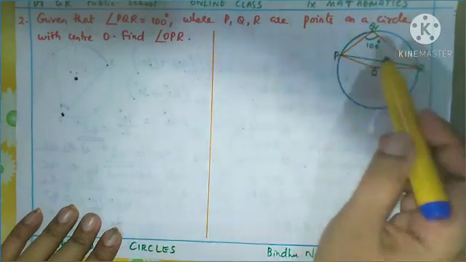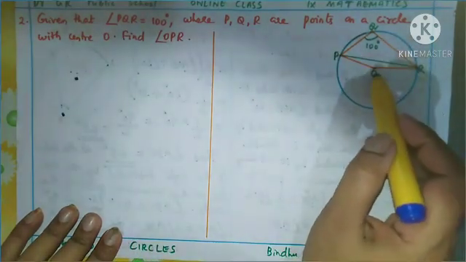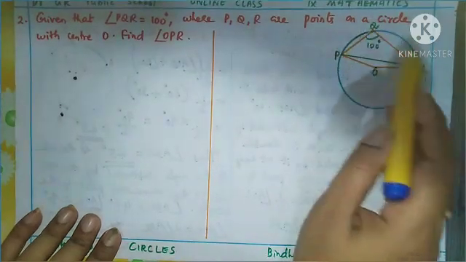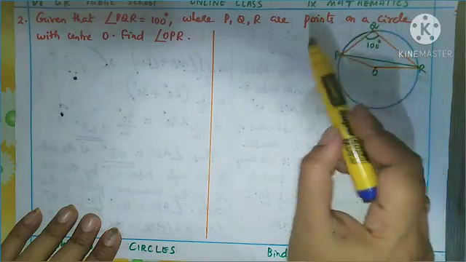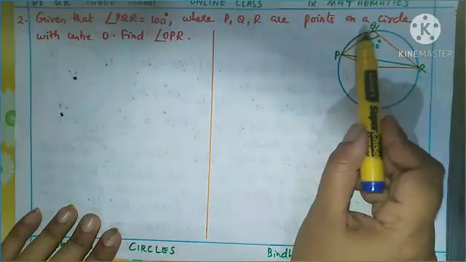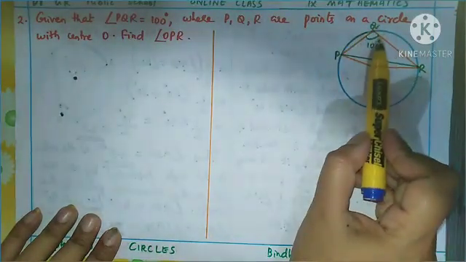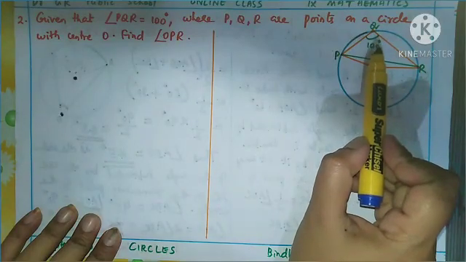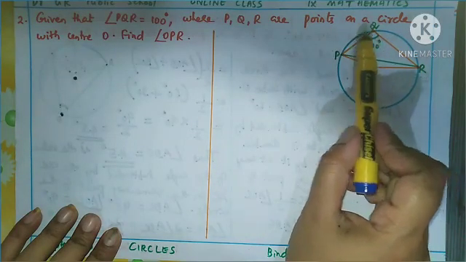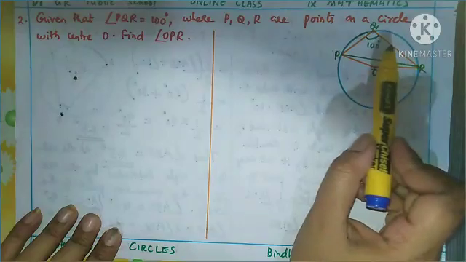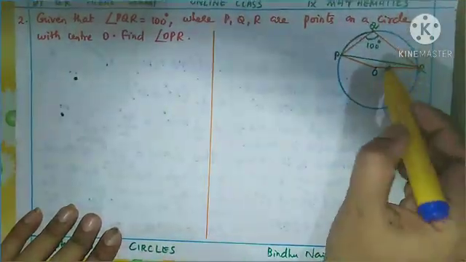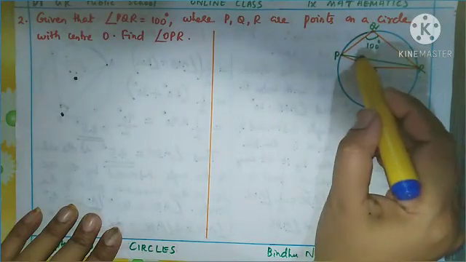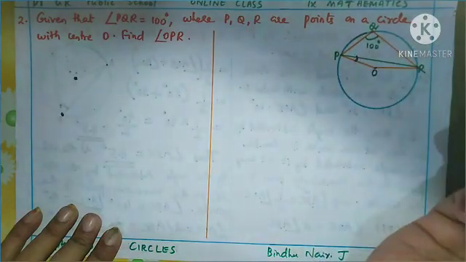So, here a circle is given with the center O. P, Q, R are points on the circle and angle PQR is equal to 100 degrees is also given. The figure is given in the problem, right? We want to find out angle OPR, this angle we need to find out.